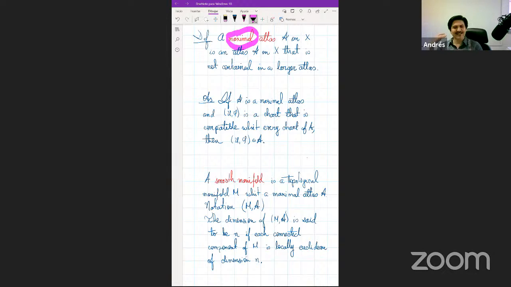Pero en la práctica ya no me interesa tener el atlas maximal. Nada más me va a interesar tener un atlas, como los que vimos del círculo. Vimos un atlas con 4 abiertos y otro con 2. Con tener ese atlas me sirve para hacer todo lo de derivadas. Porque la idea es que cualquier atlas va a estar contenido en un maximal.